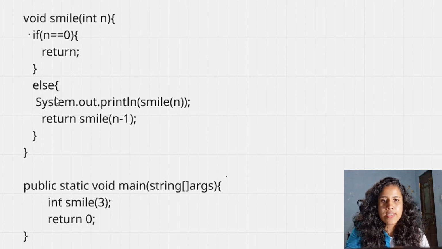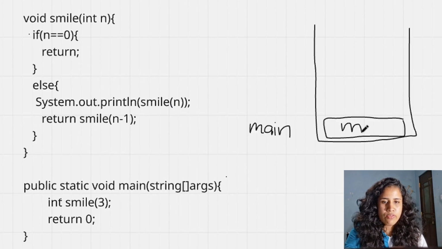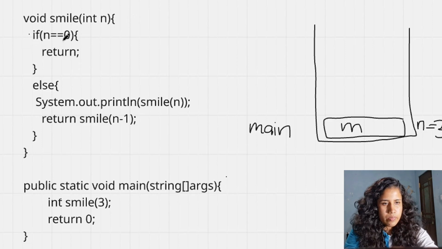So here we can see that there is a function named smile. When n is 0, it returns. Else, you have to first print the n and it returns smile n minus 1. And here in the main function, it gives 3 as the argument. So here, if we take a stack, and here the main, so this is the main.